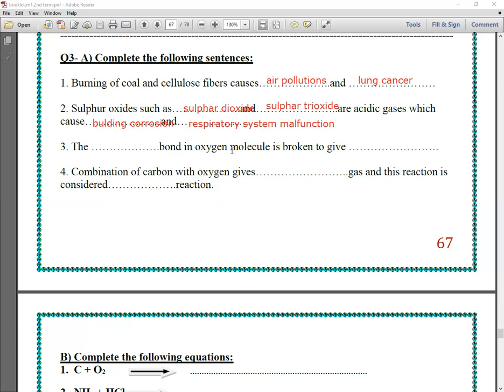The what bond in the oxygen molecule is broken to give what?